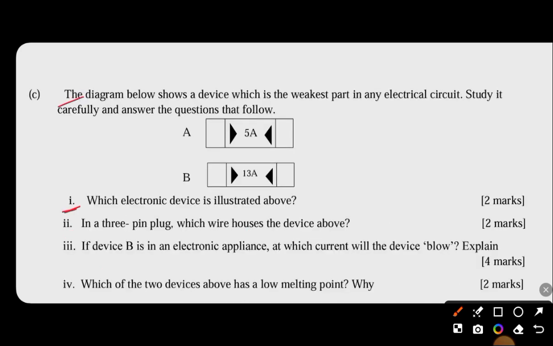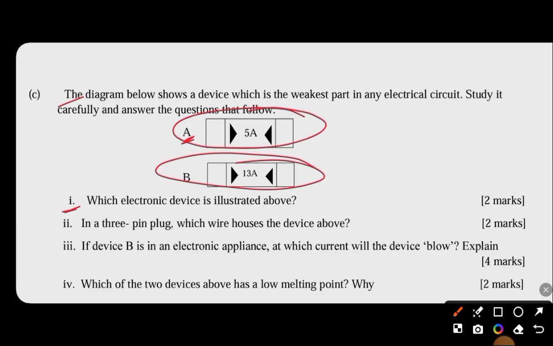The diagram below shows a device which is the weakest part in any electrical circuit. Study it carefully and answer the questions that follow. For A, we have a device here. You can see a similar one below. I, which electronic device is illustrated above?